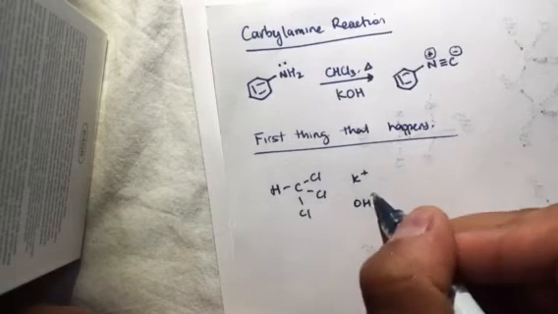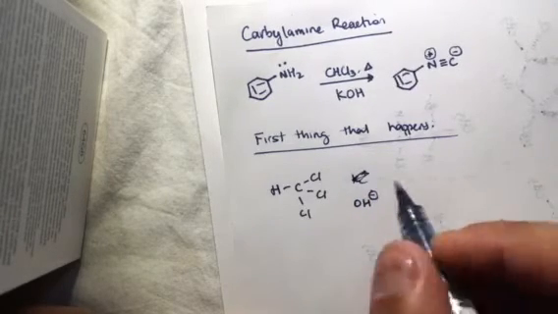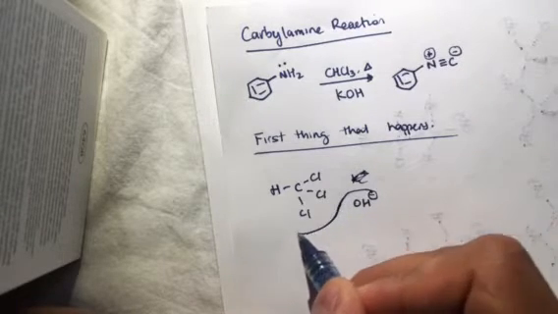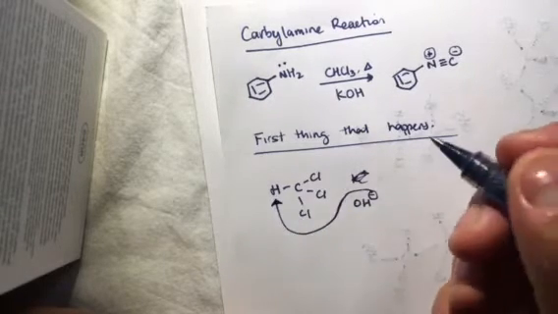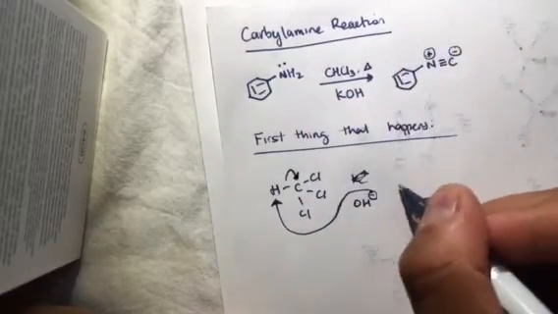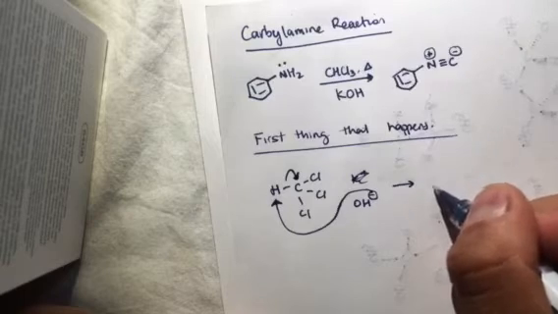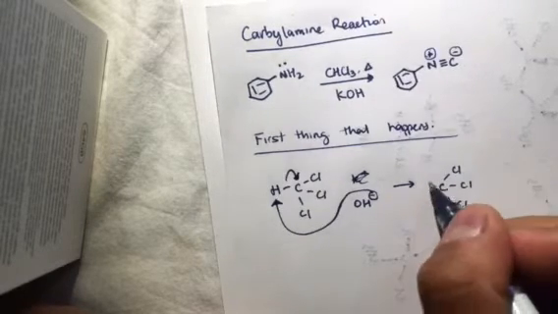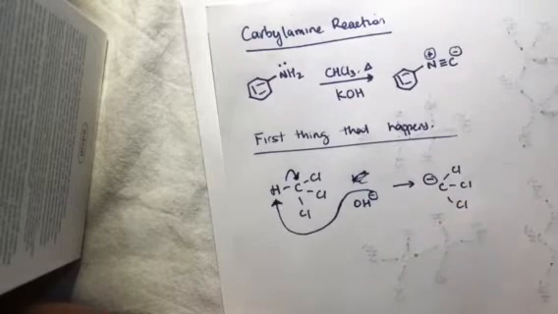We know that. So it's the OH minus that will attack the hydrogen, giving carbon its negative charge, so we're going to have CCl3 with a negative charge. This is called our carbanion.